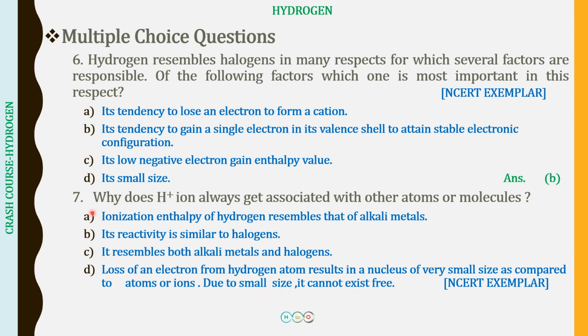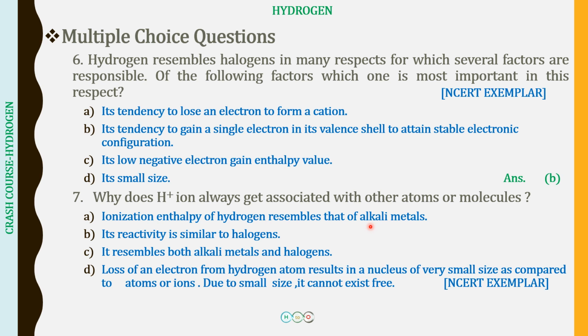The other choices, obviously they are going to be incorrect, but I just wanted to talk about the ionization enthalpy of hydrogen also resembling that of alkali metals. Well, the ionization enthalpy of hydrogen is quite high in comparison to the ionization enthalpy of the alkali metals. Alkali metals have low ionization enthalpy values.